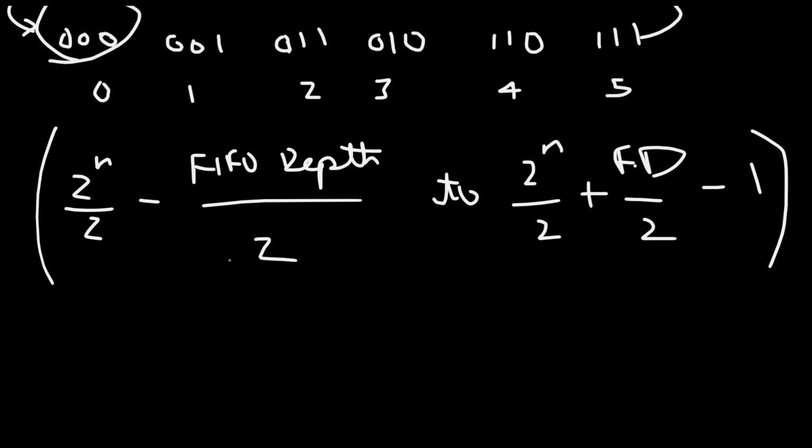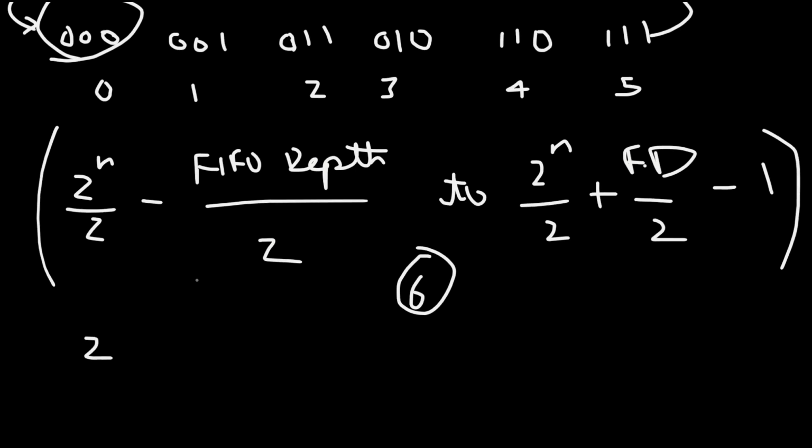So let us take the case of a 6 deep FIFO. Here 6 is the FIFO depth, and 2 power n is the closest power of 2. So here the closest power of 2 will be 2 power 3, which is 8.